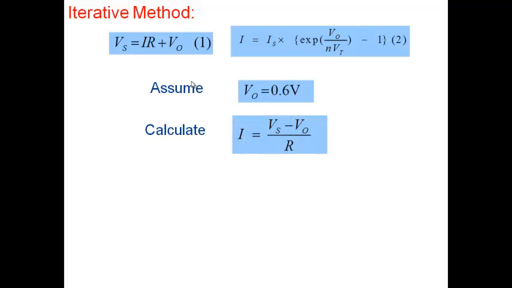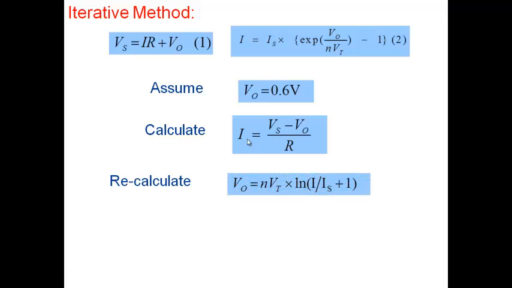I've written down the two equations together. The iterative method is, for example, you assume a value of V0. We don't know what V0 is, so let's say I don't know the diode drop, so I assume 0.6. The next thing is we use this equation to calculate the current, so I get a value of I. Once I get a value of I from equation 1, I take this I, substitute it back here, and I get a new guess for V0.